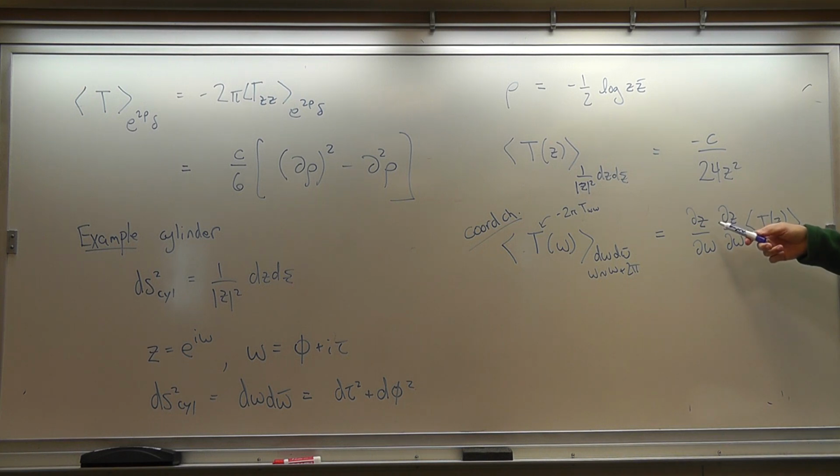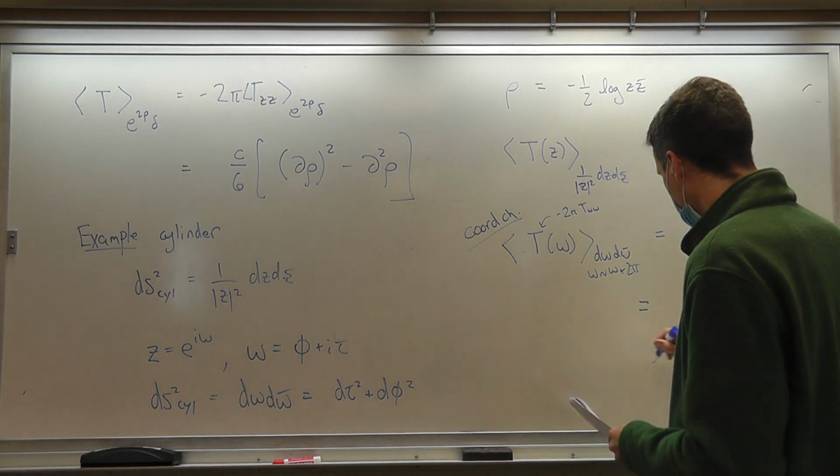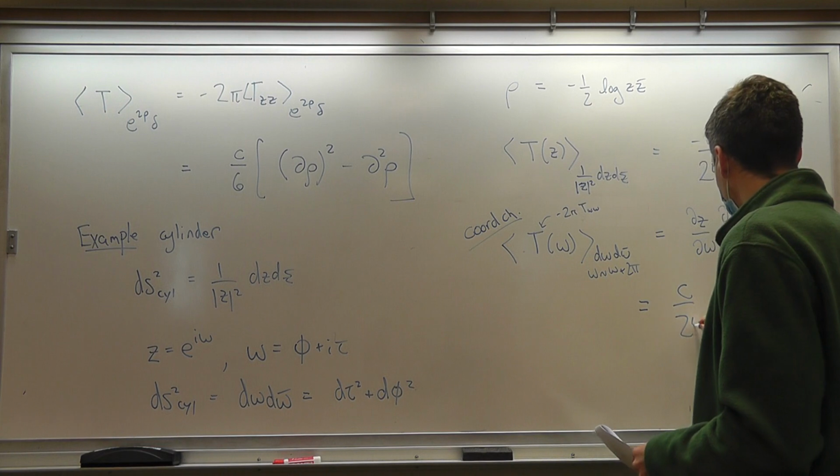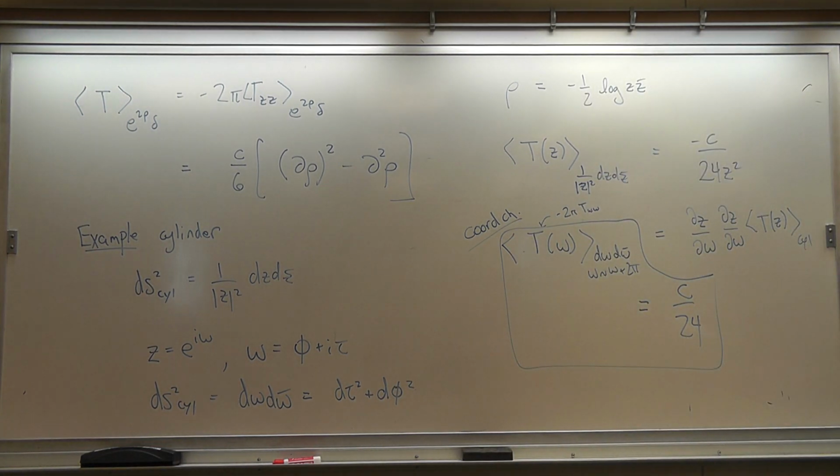So z is e to the iw, so each of these is a factor of iz, and we get c over 24. Okay, so that's the stress tensor on the cylinder.